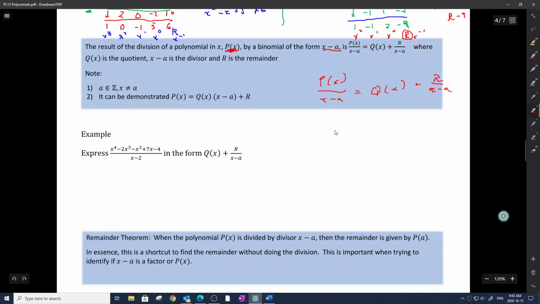So this is really saying, if 3 goes into 17, well, that's 5 with a remainder of 2.